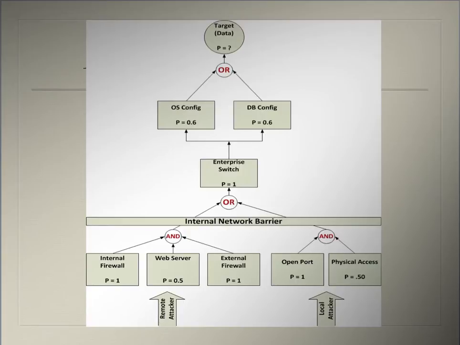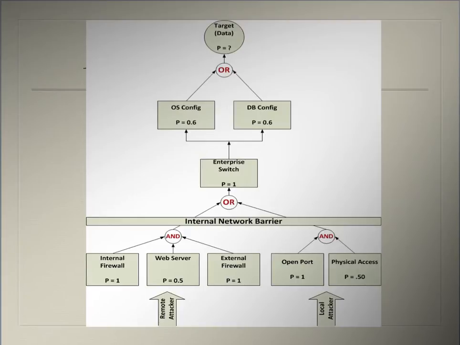Now, in probability, if you have an and, that and in red is a Boolean and, which means all of the inputs must be true for the output to be true. So in this case, an attacker must be able to breach or circumvent all 3 of those boxes, the internal firewall, the web server, and the external firewall, to be able to gain access to the enterprise switch.